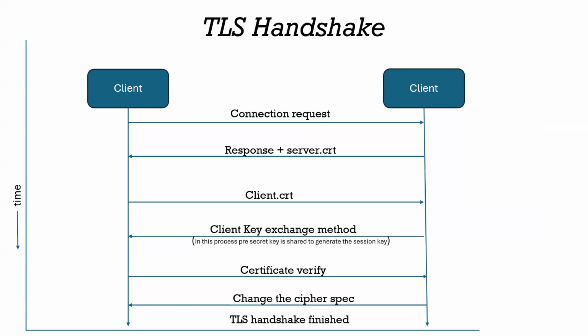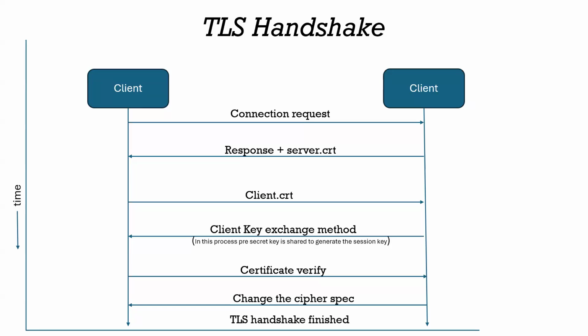When there is a non-secure communication, when the broker is running and you start your client, it just sends a connection request and the connection gets established. It's a socket communication, and data is communicated over a non-secure line, which can be seen by any third-party application like Wireshark.